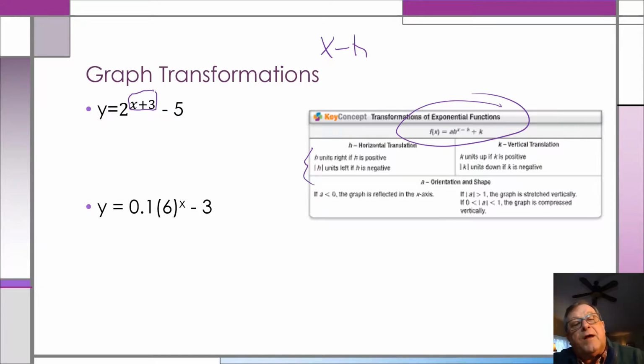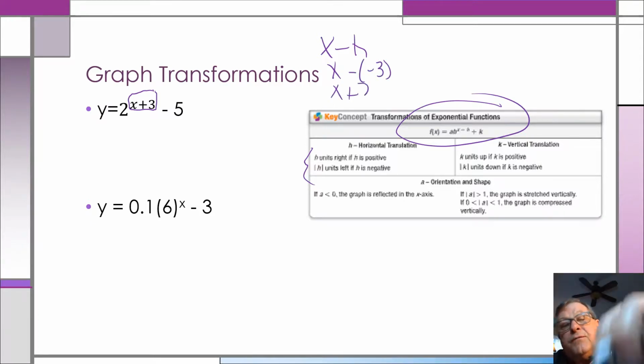In this example where we've got x plus 3, I might initially think that plus 3 is going to move this horizontally to the right, but in fact it moves it to the left. That's because it would be x minus negative 3, which becomes positive 3. So we're going to see a horizontal translation to the left, and then this negative 5 is going to push it down. We're going to have a vertical shift down by 5.